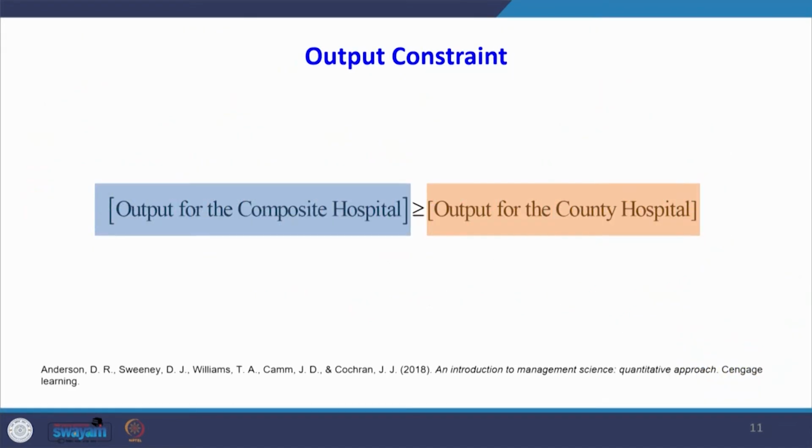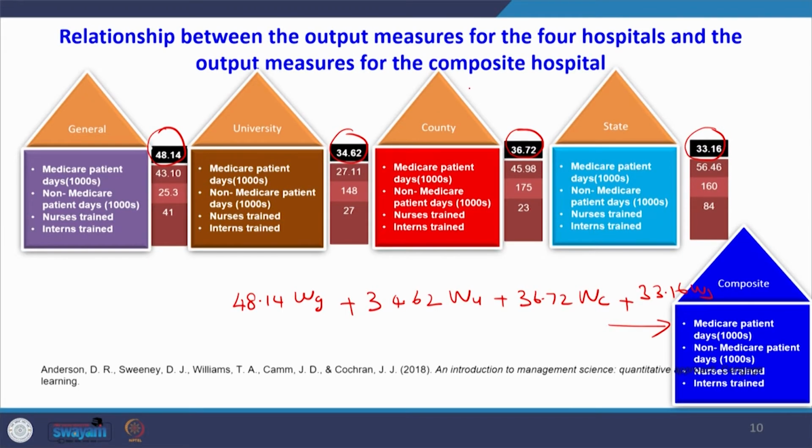So, we know that the output of the composite hospital is greater than the output of the county hospital. So, what are we going to do? We will go back to the previous slides. We are going to compare the efficiency of the county hospital with respect to the efficiency of the composite hospital. Now, the problem is we are comparing two entities: the county hospital versus the composite hospital.